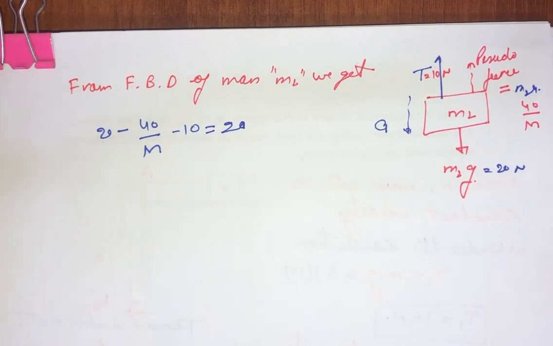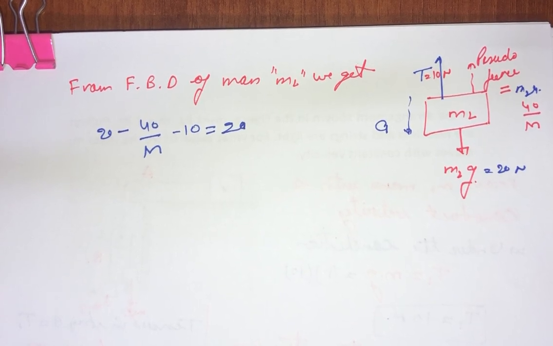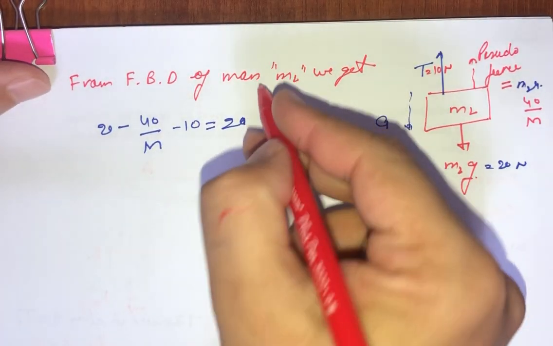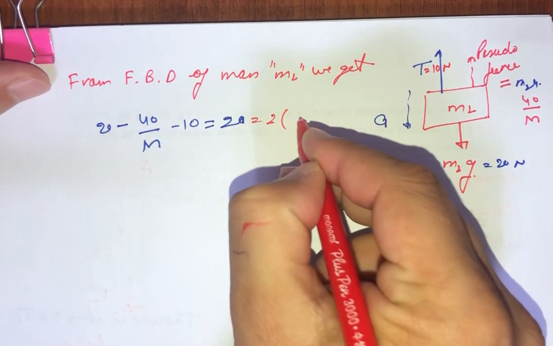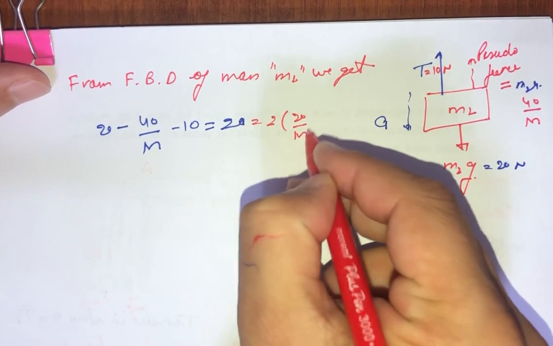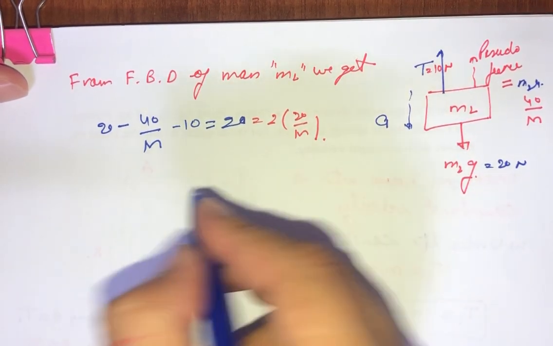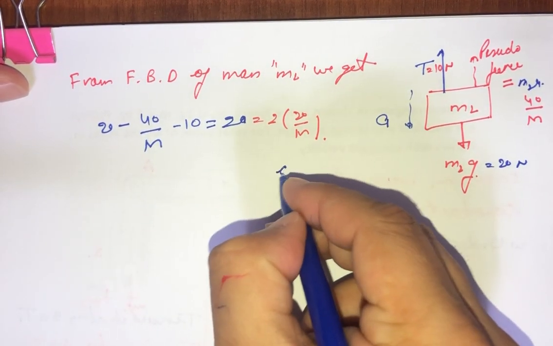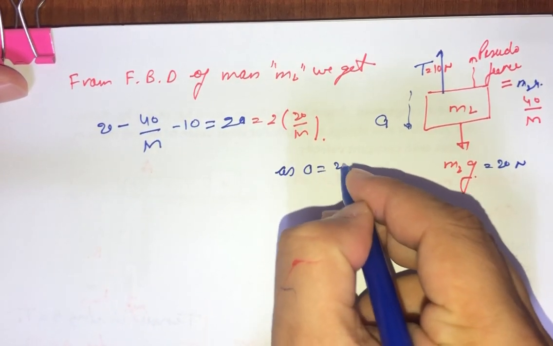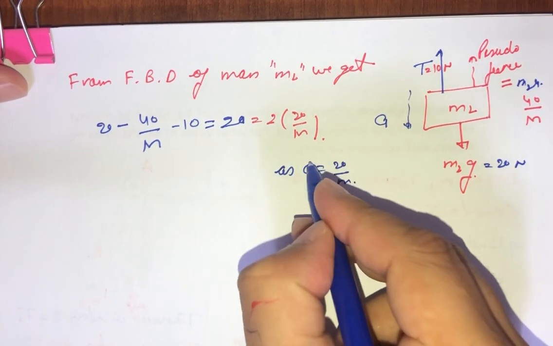We already know the value of A, which we found as 20 by M. So we put in the value.